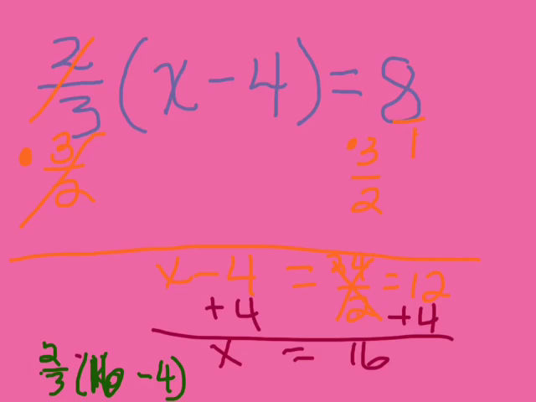So I'm running out of space here, so I'm going to do it off to the side. So 2/3 times 12 over 1. Well, 2 times 12 is 24. And 3 times 1 is 3. 24 over 3, 24 divided by 3 is 8. So it all did work out because I was looking to get 8.